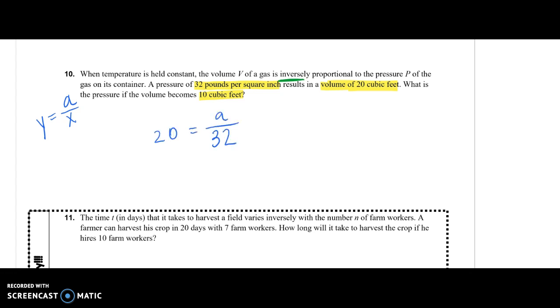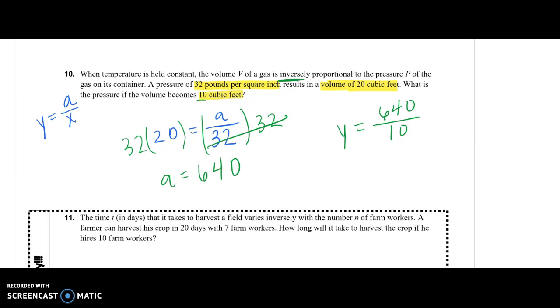Now we're going to solve for a. So multiply both sides by 32. The 32's are going to cancel out. We're going to get a is equal to 640. Now we need to figure out what the pressure is going to be when we have 10 cubic feet. So we're plugging in x is 10. Y equals 640 over 10.